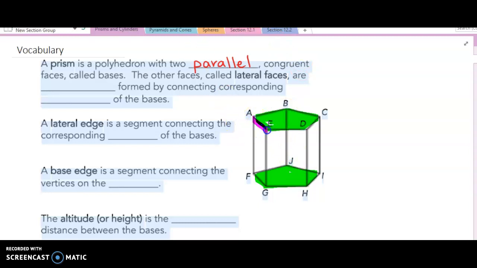Now, every other face, so this face here, this face back here, are called lateral faces. Okay, so you have two bases, and then depending on what shape the base is, you have lateral faces. So these are all lateral faces. Okay, and the lateral faces are always parallelograms.